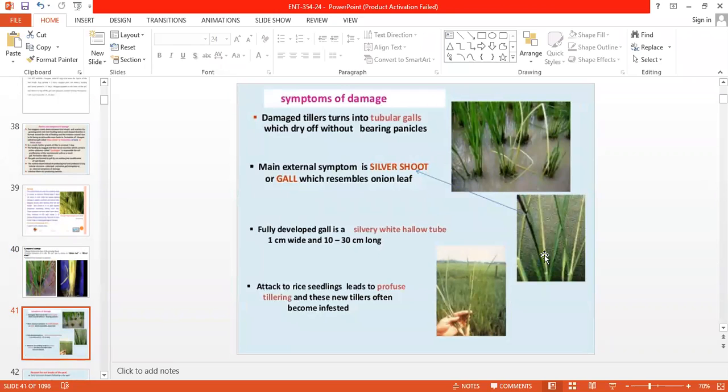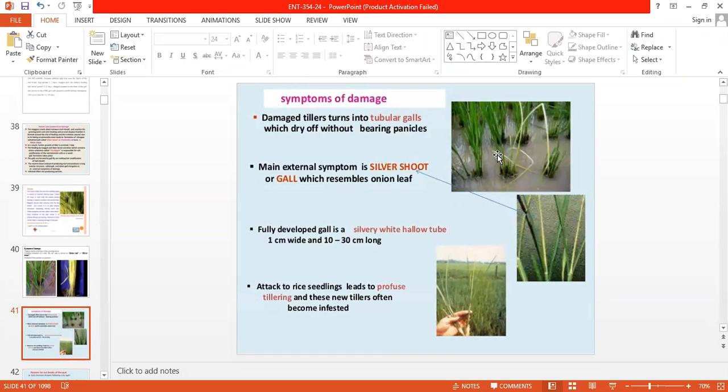Silver shoots or onion shoots are the main external symptoms we can identify if the infestation is by the gall midge.